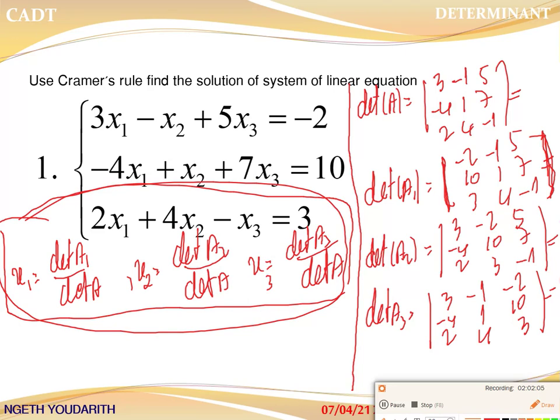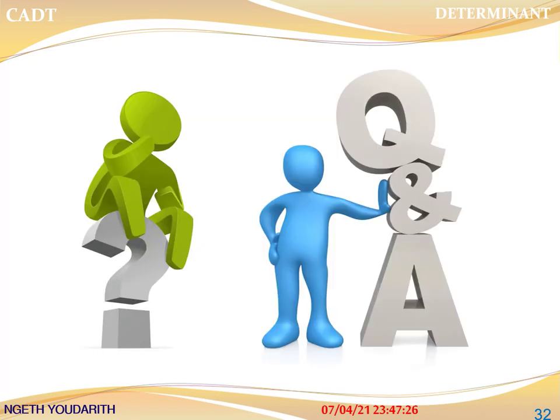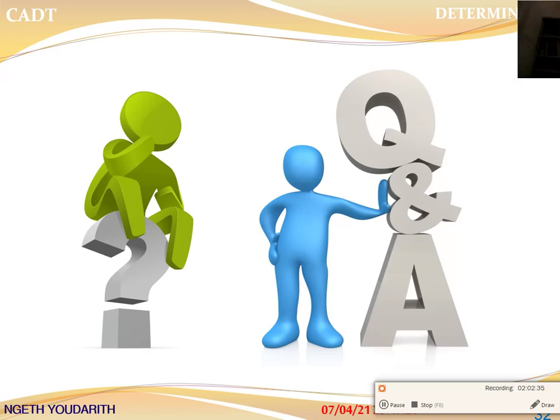This is the way to find the solution by Cramer's rule. This is something you start with for the determinant.